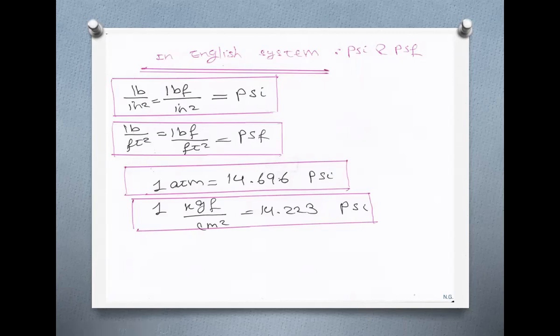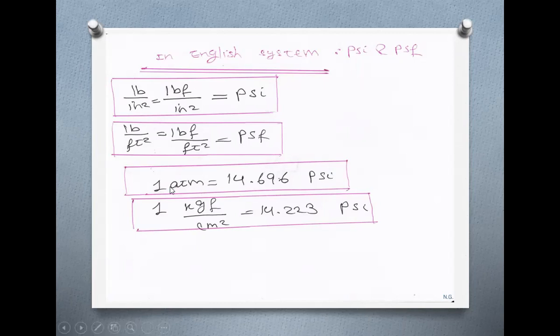And if you want to compare, 1 atmosphere is 14.696 psi. You can round it up to 14.7. By the way, the reason we use the word atmosphere for this unit is because it's a standard condition.